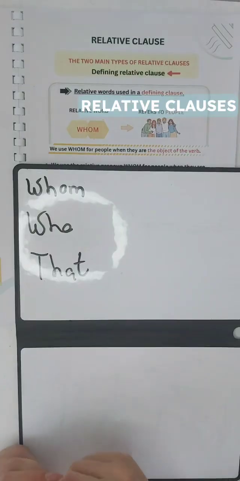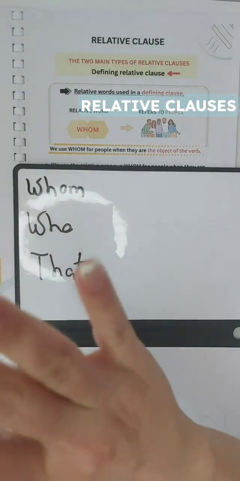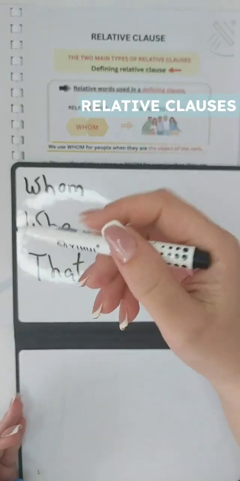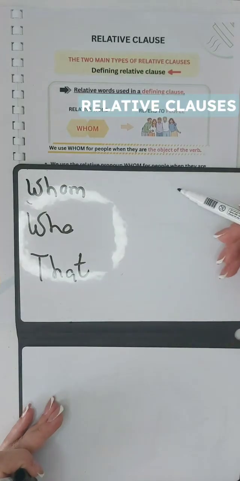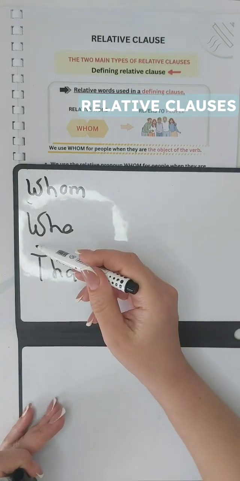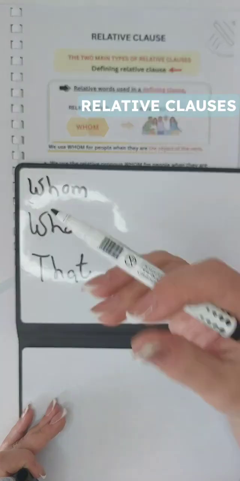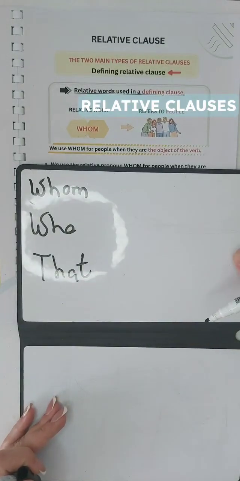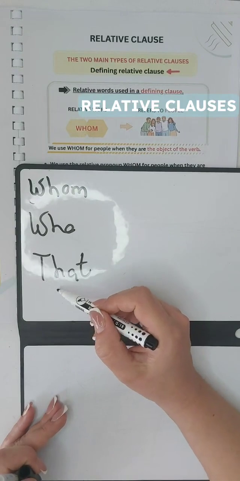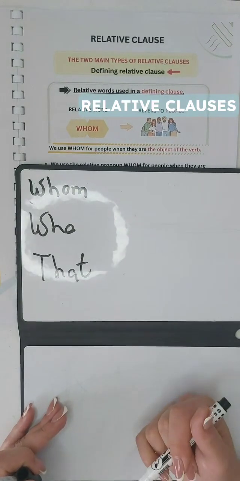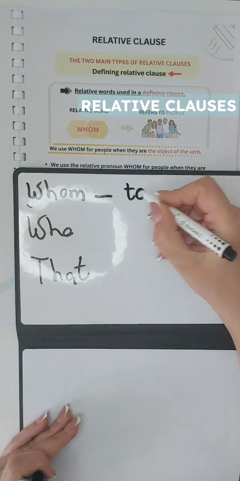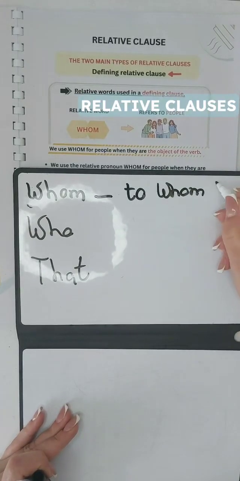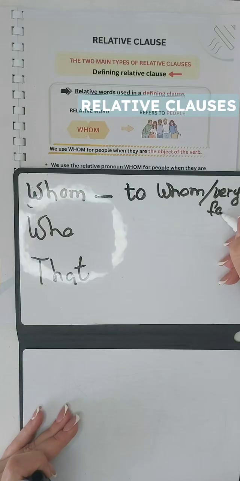When we use whom, we can use prepositions either in front of the relative word whom or at the end. Or we can use who. In this case, we put the preposition at the end, or we can use that and put the preposition at the end, right? However, we already know if we say to in front of whom, it's very formal.